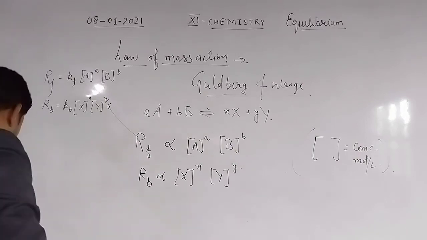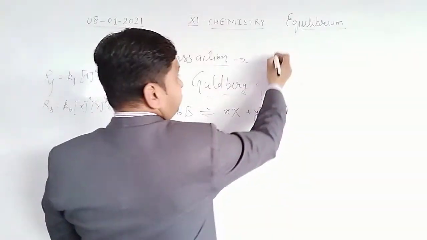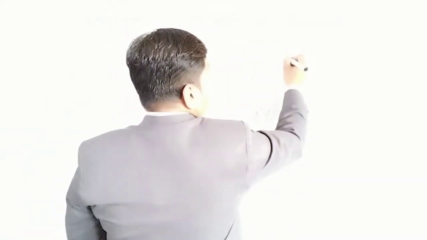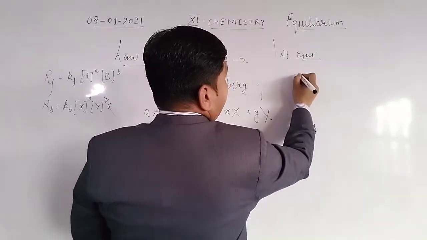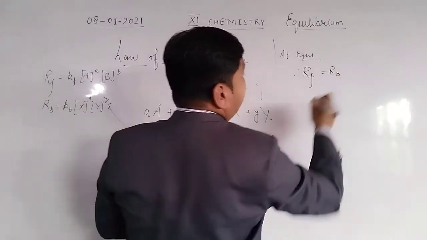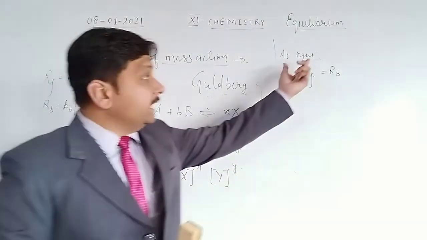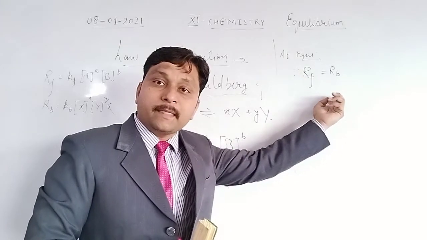So at the time of equilibrium, we very well know that the forward reaction rate is equal to the rate of the backward reaction. At the time of equilibrium, rate of the forward reaction equals rate of the backward reaction.